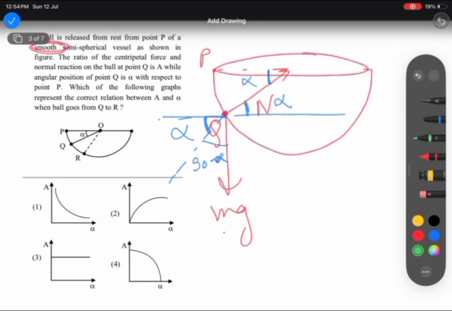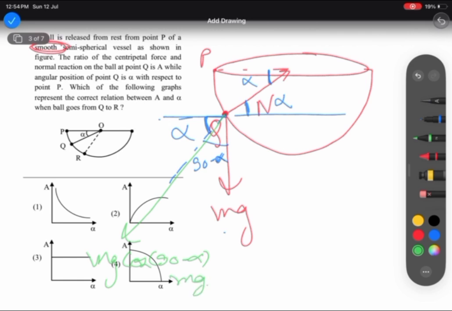One is mg cos(90 minus alpha), which will be equal to mg sin alpha. The second is mg sin(90 minus alpha), which will be equal to mg cos alpha. So we got its two components.